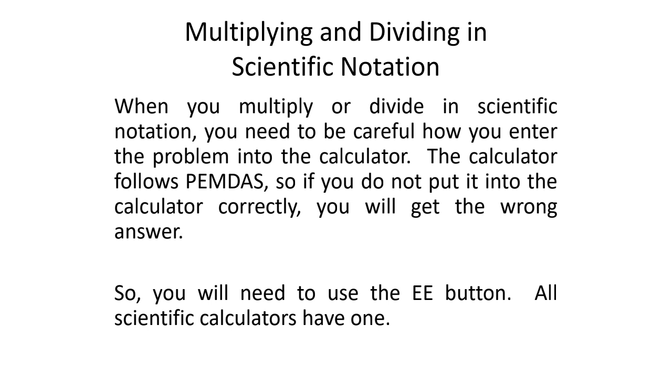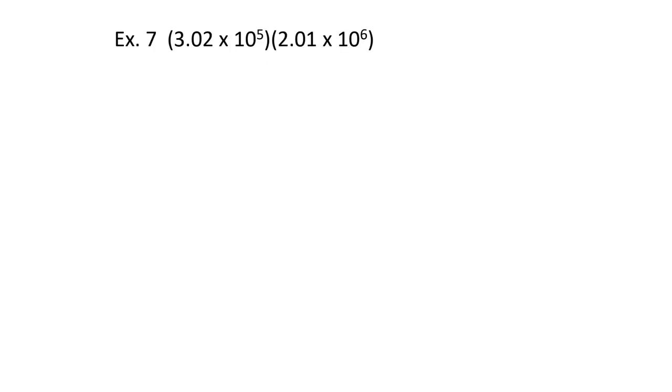That E means times 10. So you have an EE button on your calculator if it's a scientific calculator. If you don't have one, you need to make sure you get a calculator with that on it. It will make life so much easier doing these. I'm not even going to bother to tell you how to do it without the EE button.